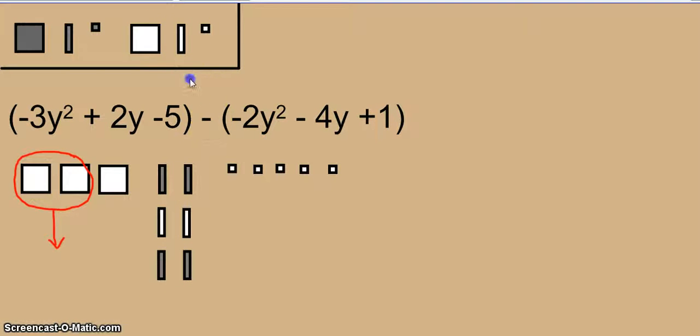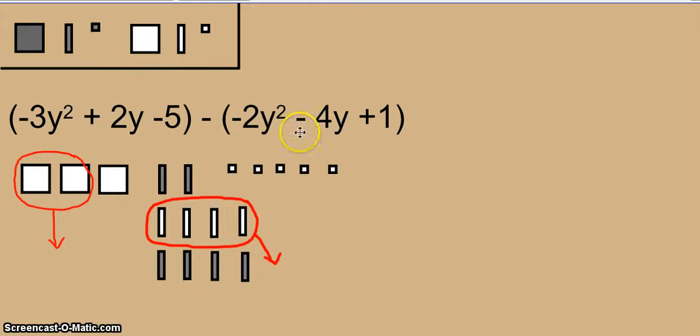This still isn't enough to take away negative 4y, so we add in another zero pair, and one more zero pair allows us to now take away negative 4y. So we just circle them, put an arrow showing that we're taking them away.